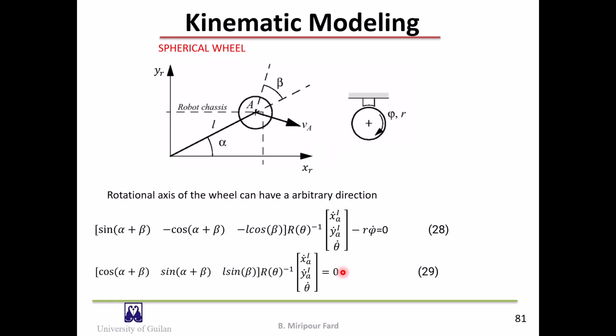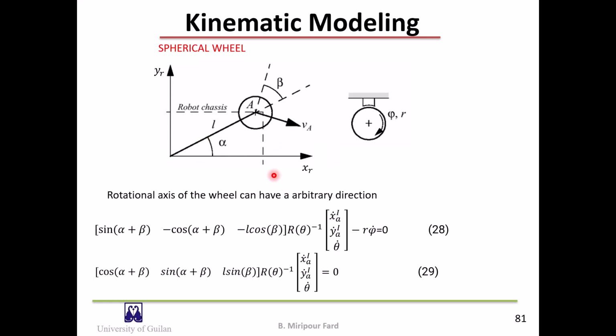For a spherical wheel or ball wheel, we have the same equations as in the fixed case, but now beta gives the direction of motion and is a free variable derived from the no side slipping constraint equation.